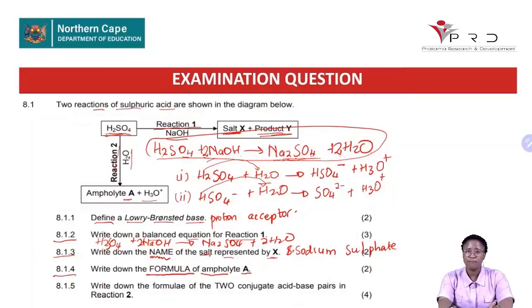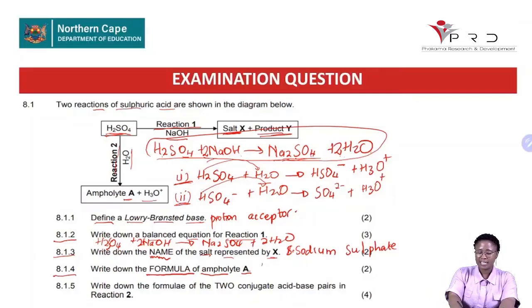I've indicated 2 equations, step 1 as well as step 2, because I wanted you to see clearly which one will be the ampholyte. Quickly check reaction 1 and reaction 2. Which one acts as a base in the presence of an acid and as an acid in the presence of a base?